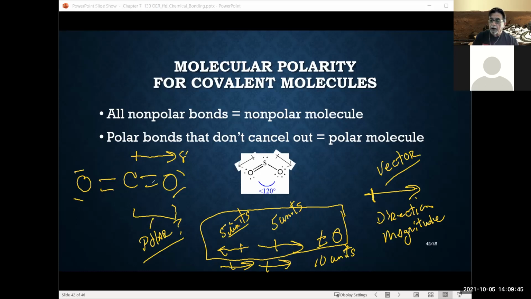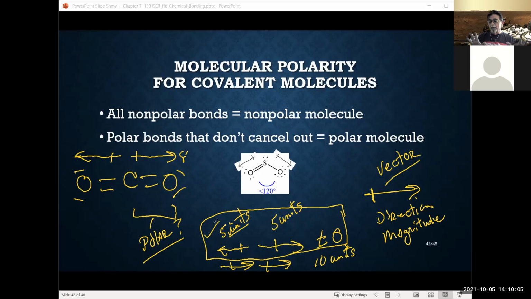And guess what? On the other side, I have another polar bond, equal magnitude, but in the opposite direction. Like I stated down here, these arrows represent what we call vectors.